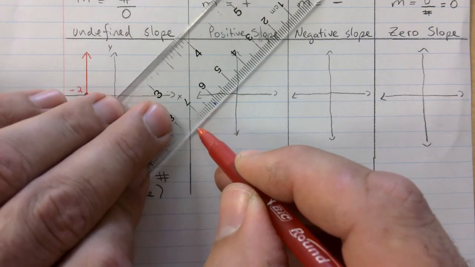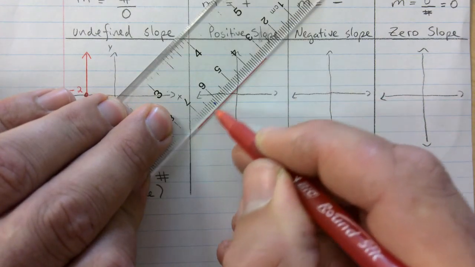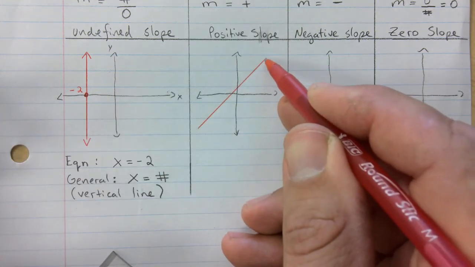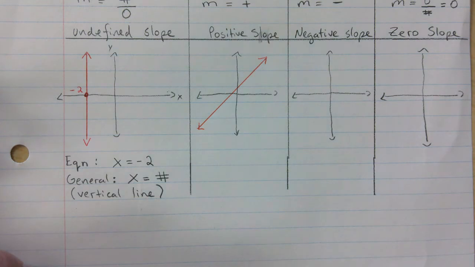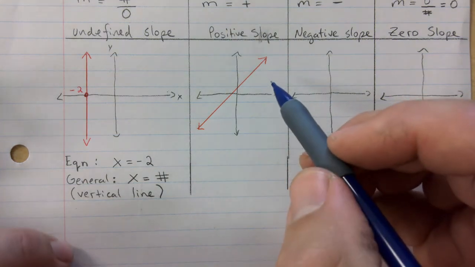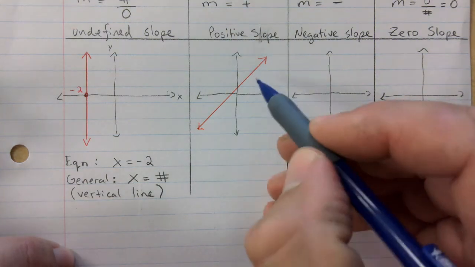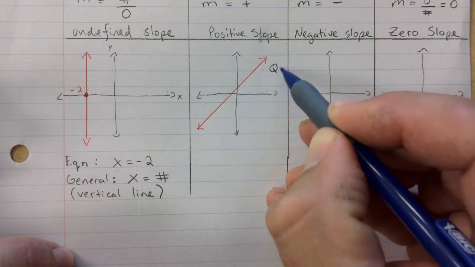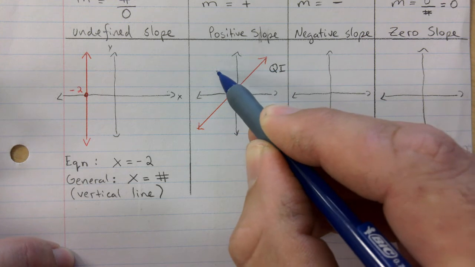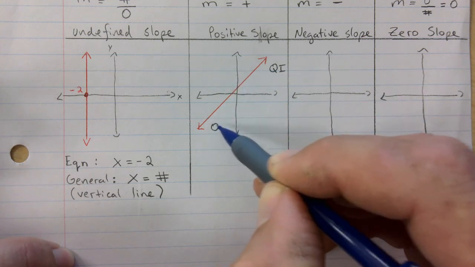So just make a line that goes up like this, arrowheads on both ends. And do you remember your quadrants? This section here is called quadrant 1, and then it goes quadrant 2, quadrant 3.